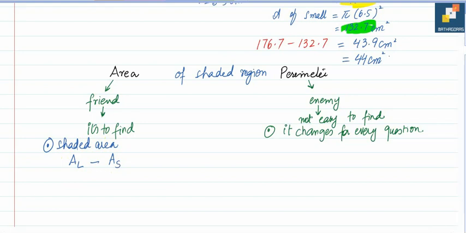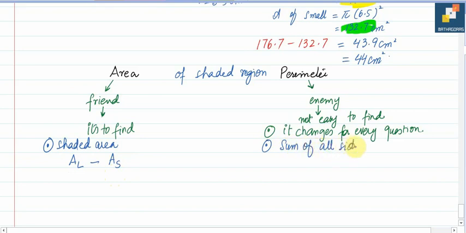But our strategy is the same: area of larger shape minus area of smaller shape gives us the shaded area. But this fixed formula is not valid for perimeter, although you should know that perimeter is the sum of all sides.